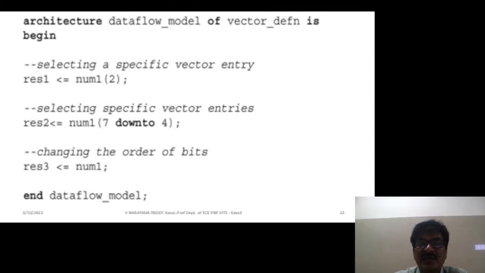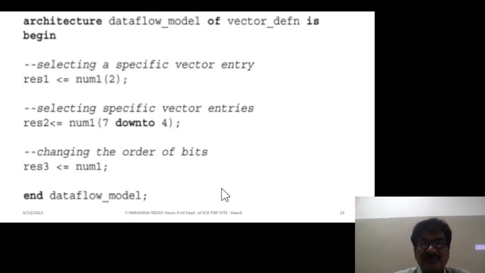Also you can observe here that some 3 statements start with 2 hyphens. The 2 hyphens represent that whatever information comes after them is treated as a comment. Comments start with 2 hyphens. Then finally, end architecture name, that is data flow model.